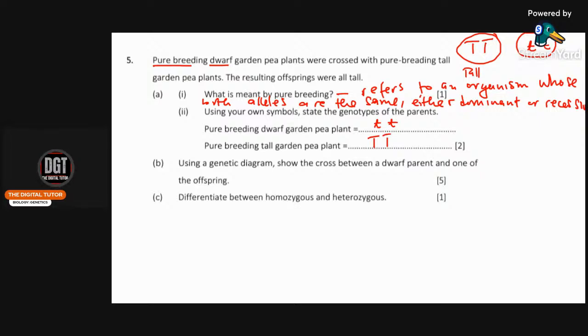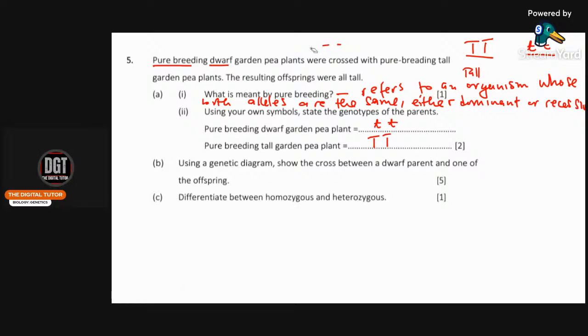Pure breeding refers to an organism whose both alleles are the same, either dominant or recessive. So capital TT is true breeding tall, and for dwarf, small tt is true breeding. If I had used D for dominant or tall, the dwarf would be the same letters in the genotype.